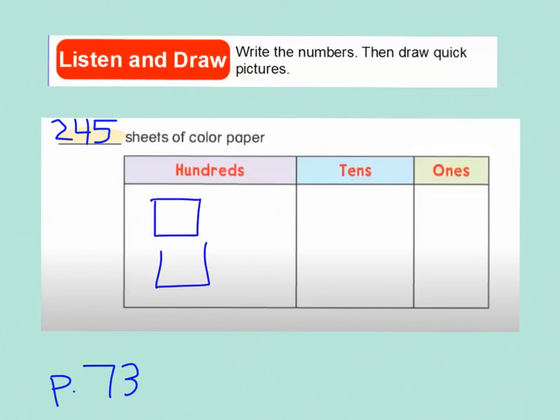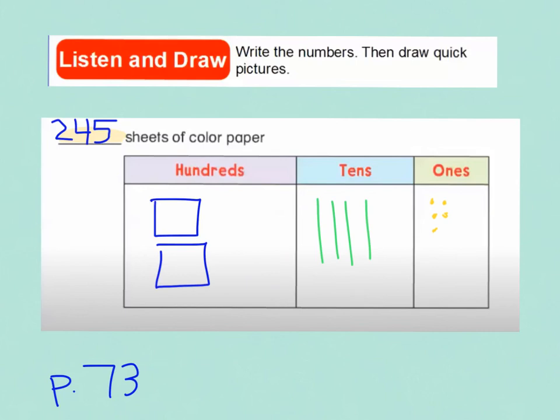2 hundreds, 4 tens, and 5 ones. Now we can see how much each place value is worth. We can see that our 4 tens really means 40.